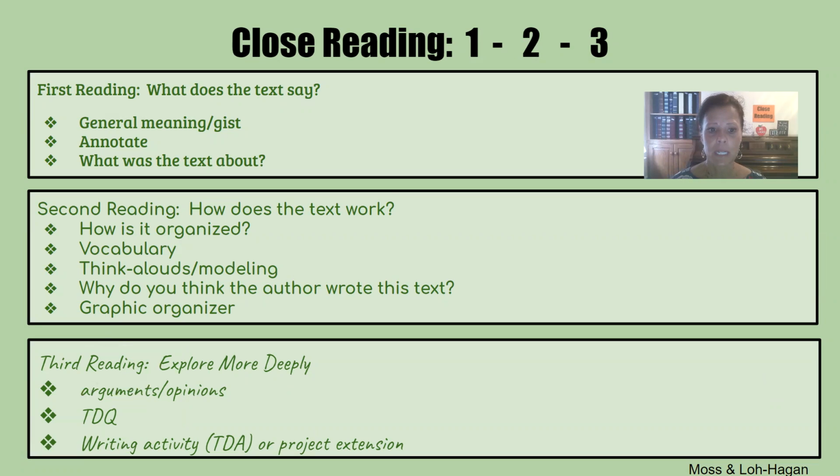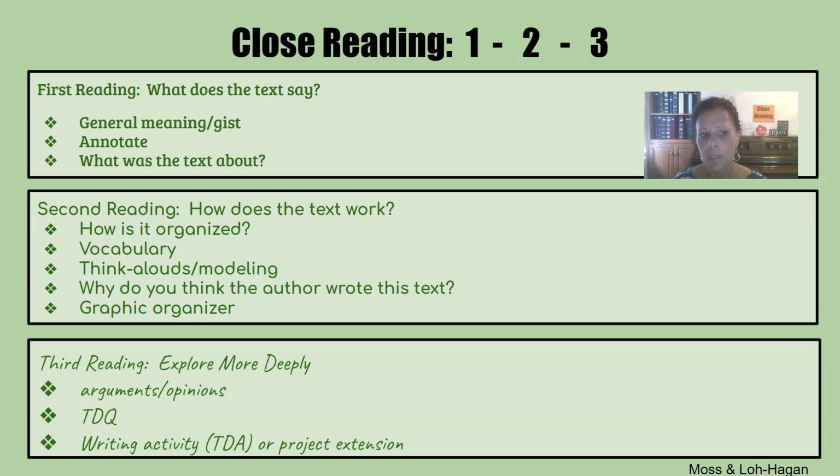After the second read, you're looking closely at how is the text organized? Do we know what the text structure is? Is it a cause and effect? Is it a problem solution? Is it a sequence? Are there any vocabulary words that are confusing for you that maybe we need to clarify? Maybe we need to use a context clue, or maybe it's something that you need to directly share with them.